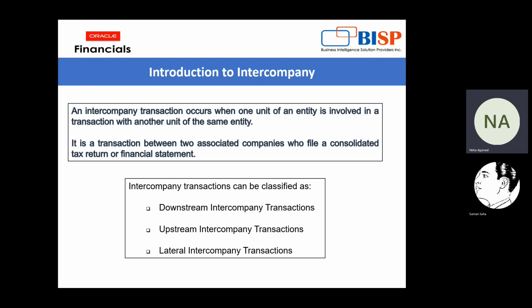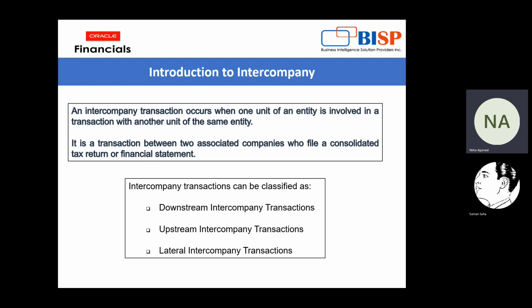Introduction to the intercompany. An intercompany transaction occurs when one unit of an entity is involved in a transaction with another unit of the same entity. It is a transaction between two associated companies who file a consolidated tax return or financial statement.